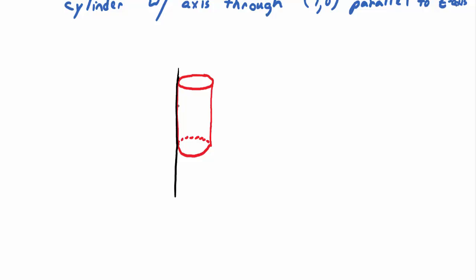I can put 0, 0 anywhere. The cylinder goes on forever and ever, right? I'm going to put it so that the z-axis is right there, just because I think it looks good that way. But keep in mind, the cylinder keeps going down. I just cut it off there, just because I like the look of it. And then I could make this guy. Okay, if you think about it, what axis would that have to be?